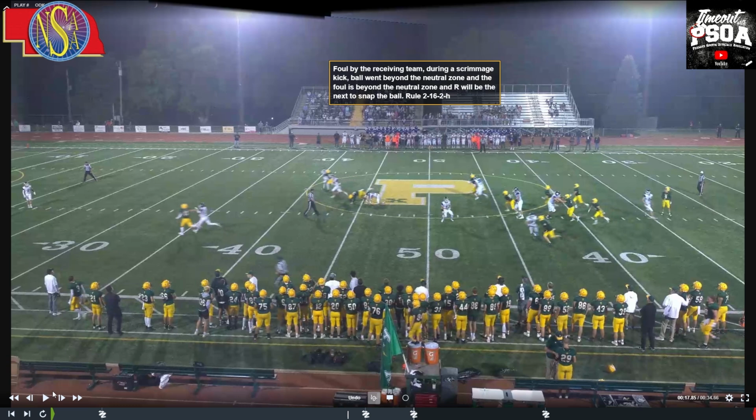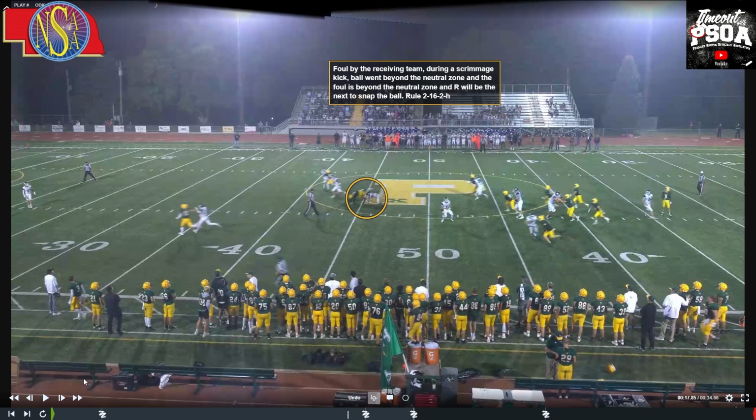And the last component is the receivers will be the next one to snap the ball. All right, so we see clearly it's not a judgment call. We have an open field takedown hold by the receiving team. And all components of PSK are met so far, but we need the result of the play.